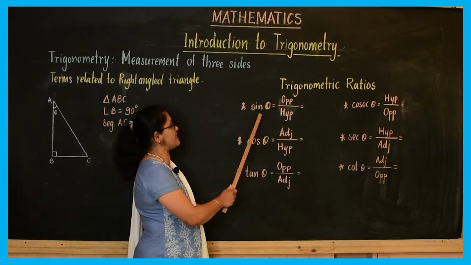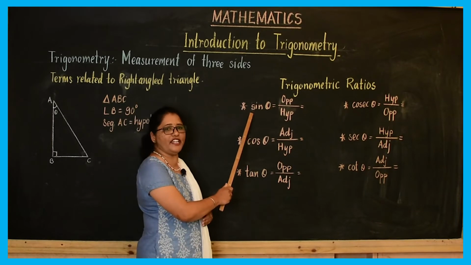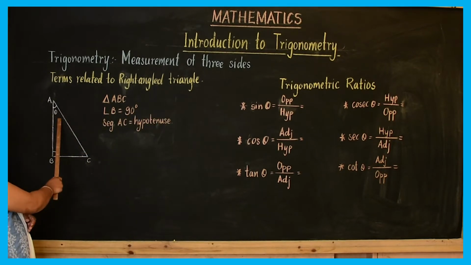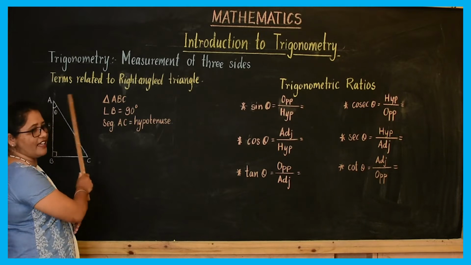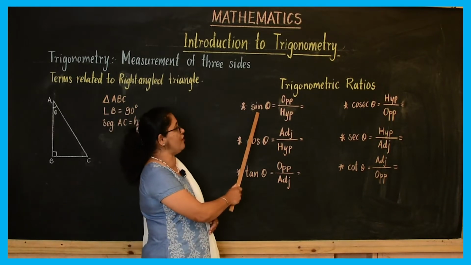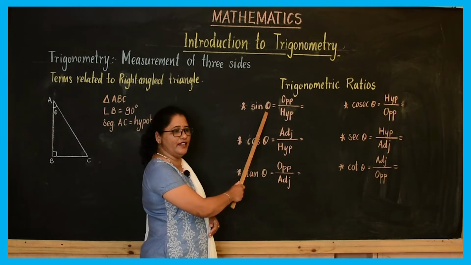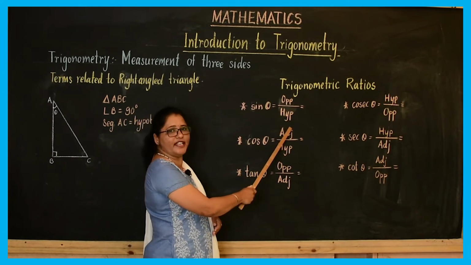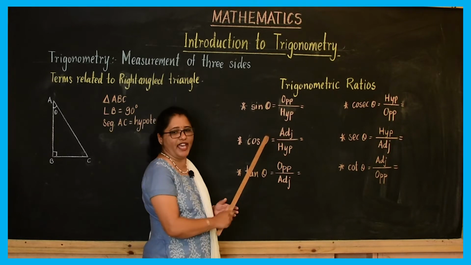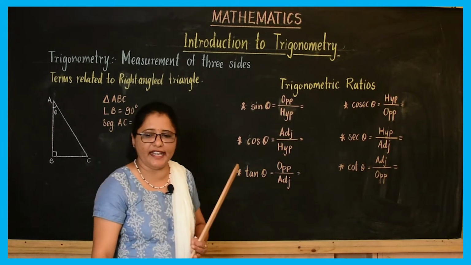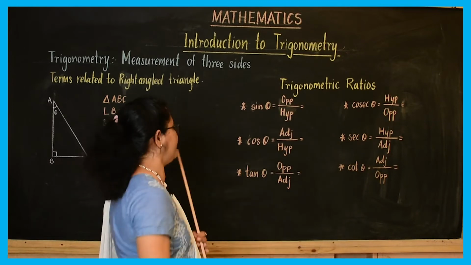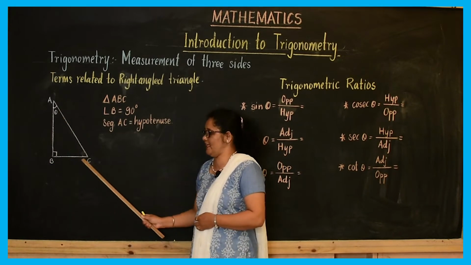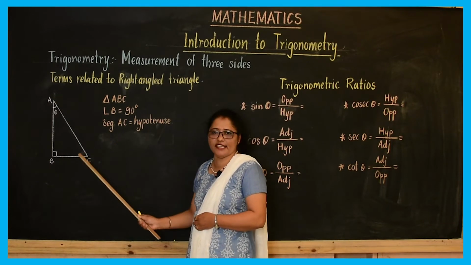Sine of theta, that is sine of the angle A, will be given as the opposite side of angle theta upon its hypotenuse. The opposite side of theta is BC and the hypotenuse is AC.